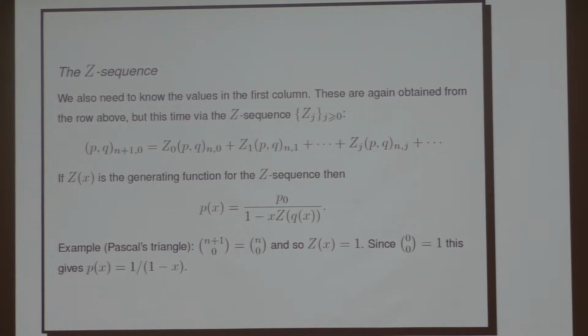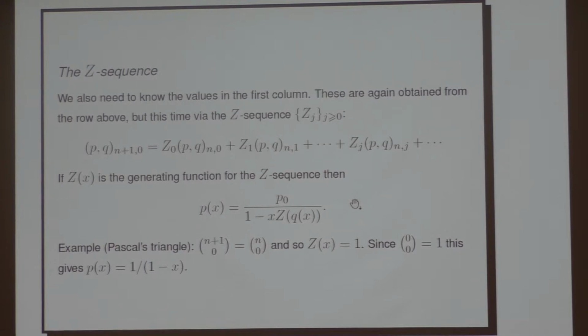Yes? Is it clear that you can always solve for the Z sequence? Because here it's for any P and Q, right? It looks like you claim that for any P and Q, you can always find the Z sequence.